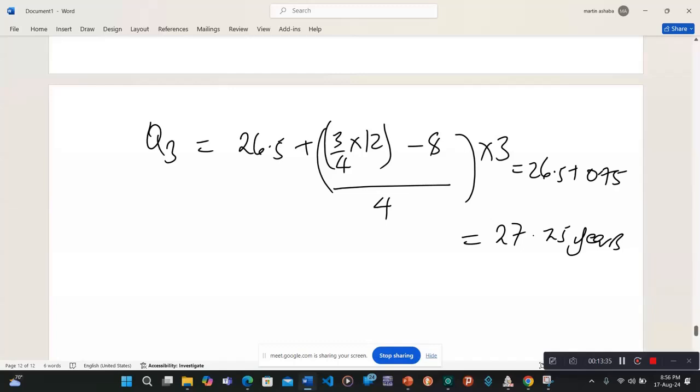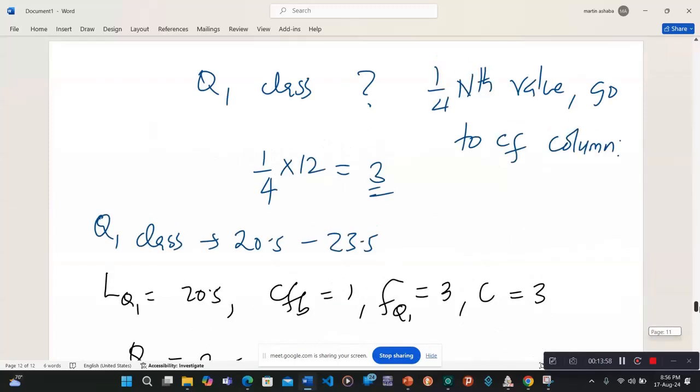Then the next quarter is 27.25. Then the full data set is when we have the very last value on this data set. But what is always important are Q1, Q2, and Q3.